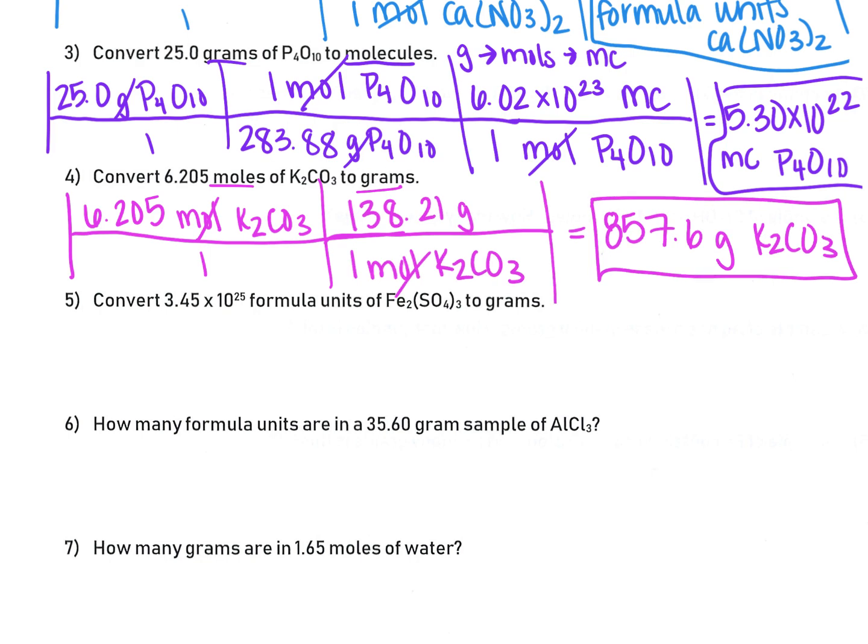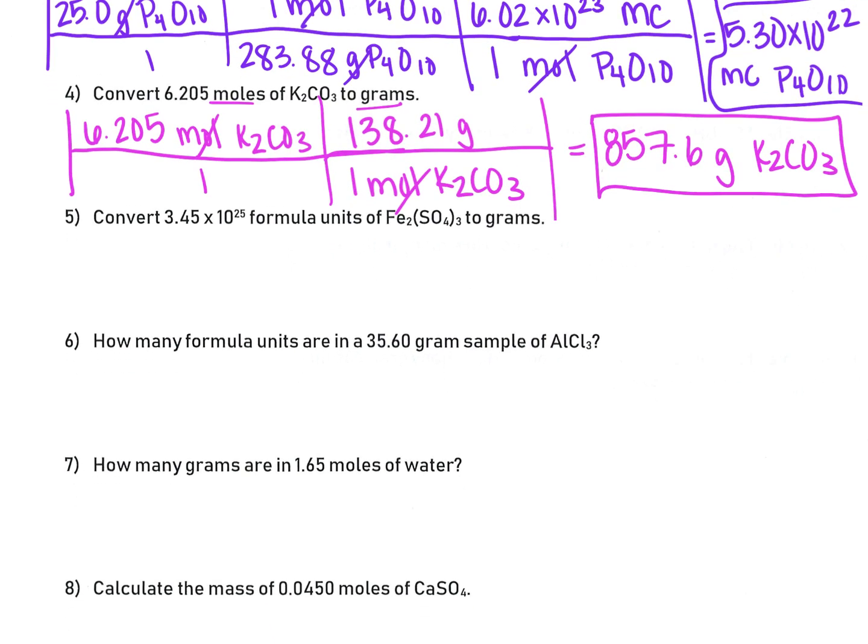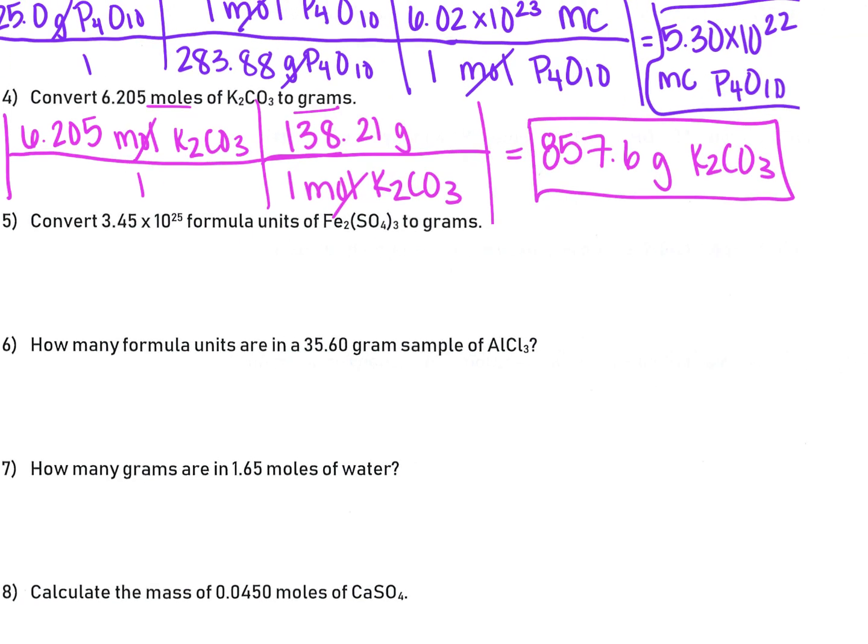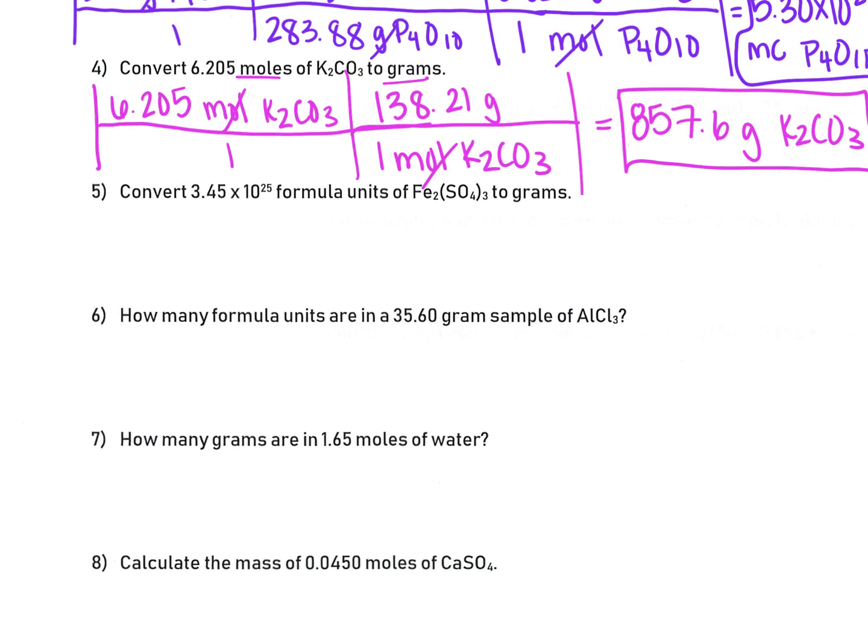Okay, are you hanging with me okay? Yeah. Okay, one more. We're going to do number 5 together. Then we'll be done. All right, so for number 5, we're going to convert 3.45 times 10 to the 25th formula units to grams. So what unit are you starting with? Formula units. What unit do you have to convert to?